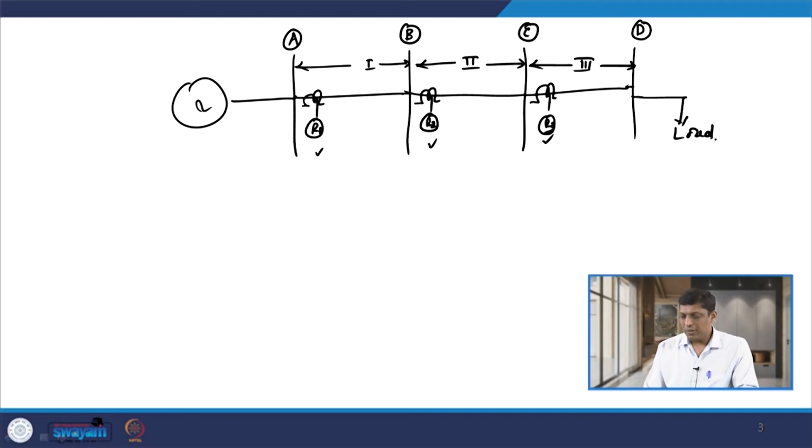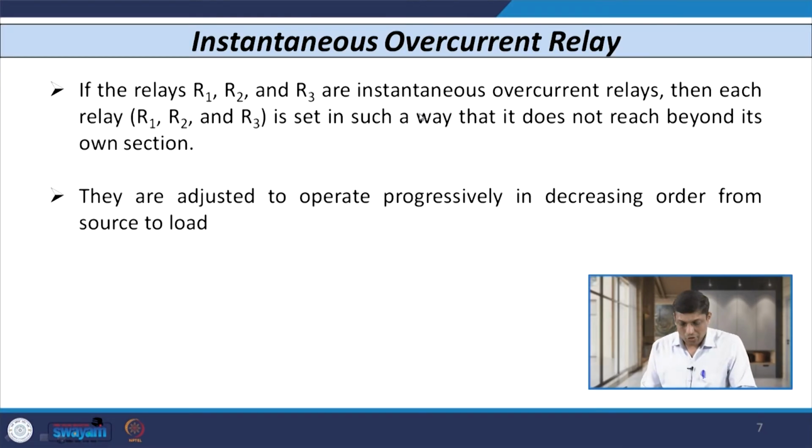When we have a load on one side and a source on the other side, we want to decide how the coordination of relays R3, R2 and R1 has to be carried out. For this case, let us assume that all the 3 relays R1, R2, R3 are instantaneous overcurrent relays, and each relay operates for a fault within its own section.